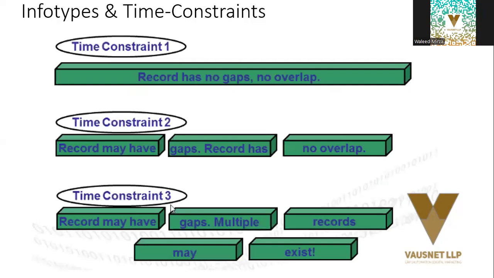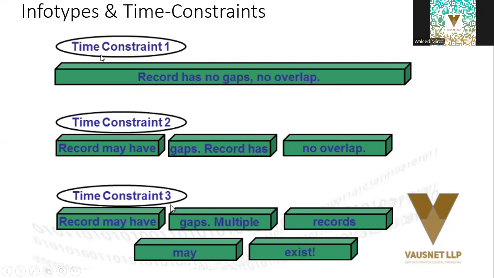Okay. If you talk about info types and time constraints, there are categories which accommodate your personal achievements, your past records, your educational qualifications.